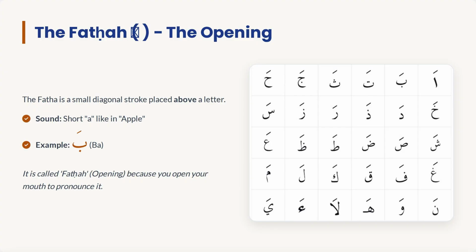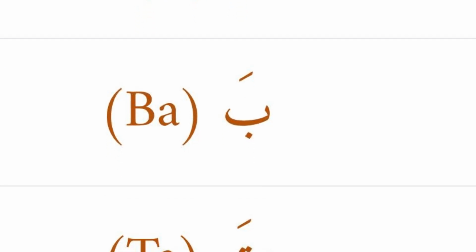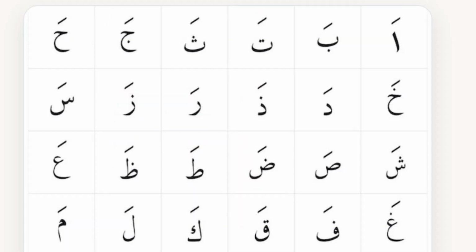So it's a kind of short A. For example, we have here the letter ba. If you put that line al-fatha above it, it will be ba. If you put it above this letter ta, it will be ta. So it goes like this: a, ba, ta, ja, kha, qa, ra.